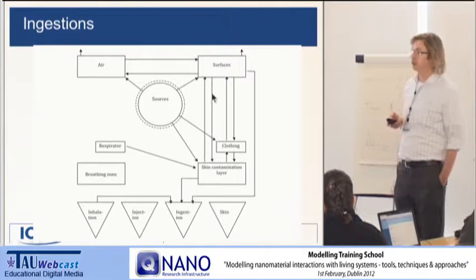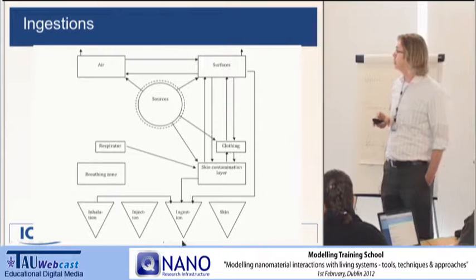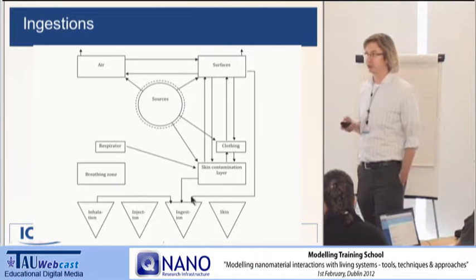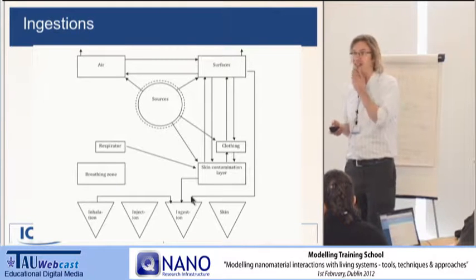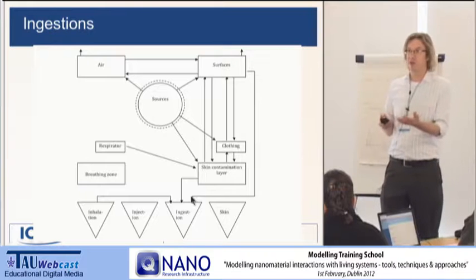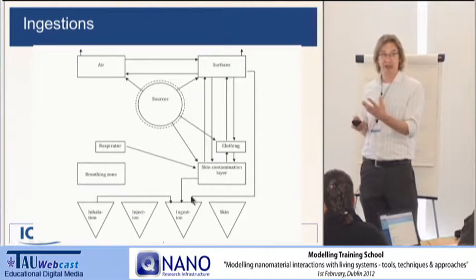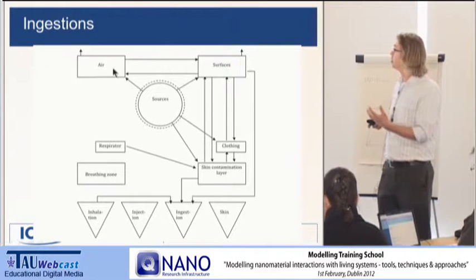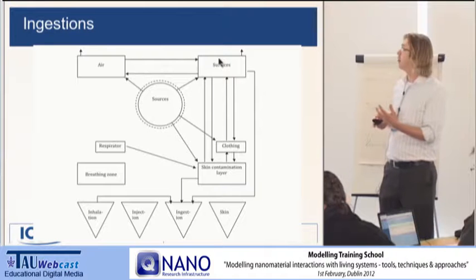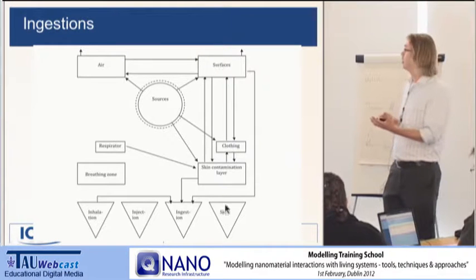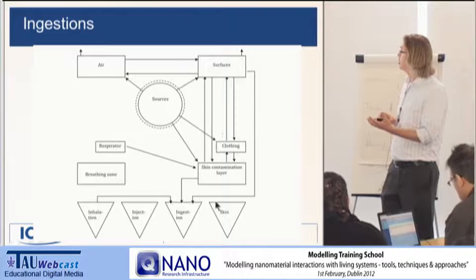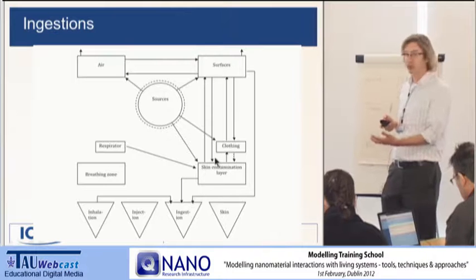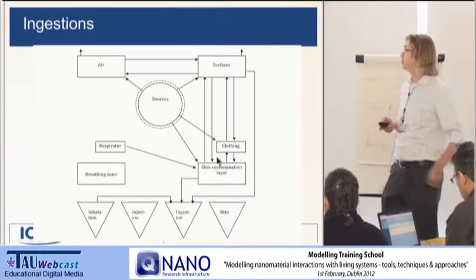You can do something similar for ingestion exposure. Clearly, there are some different pathways that go from the source to ingestion, and this is ingestion exposure, again in the workplace. It's inadvertent ingestion exposure because people touch their face when they're working, or put a pen in their mouth, and these surfaces may be contaminated with agents, either because it's emitted in the air and then deposited on surfaces that you then put in your mouth directly, or these surfaces might contaminate your skin or your clothes, and they are in contact with your mouth.